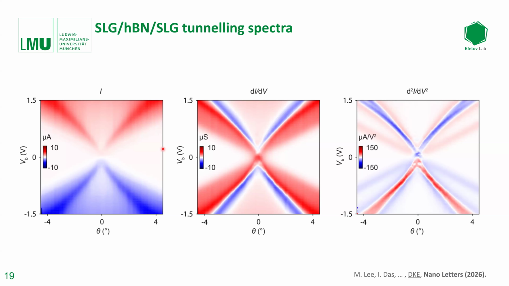This is typical IV data on the left side. In the middle is conductance, nonlinear conductance measurements, and on the right-hand side, we often like to take the second derivative or the first derivative of the conductance spectra to reveal features in much more detail than we otherwise can.